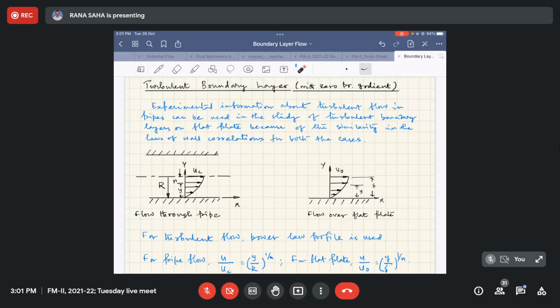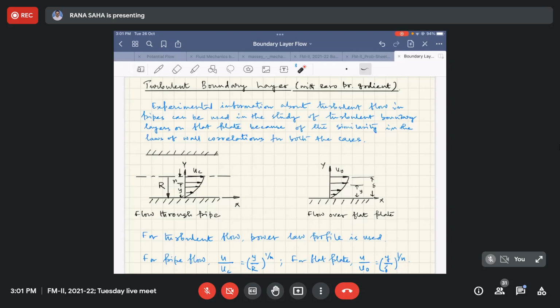Basically, comparing with a situation of flow where some experimental findings are available, and that is being compared with another situation, that is flow over a flat plate, because we started our boundary layer considering flow over a flat plate. So the laminar boundary layer part we did. For the turbulent boundary layer, it is being compared with flow through a pipe.